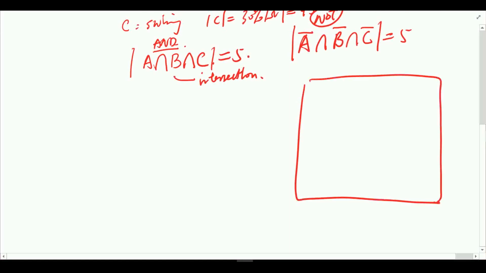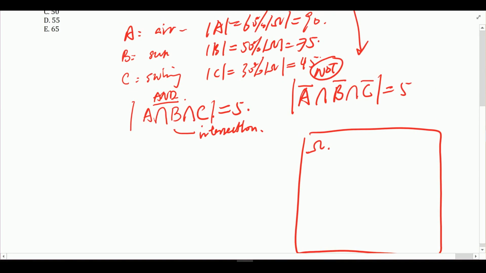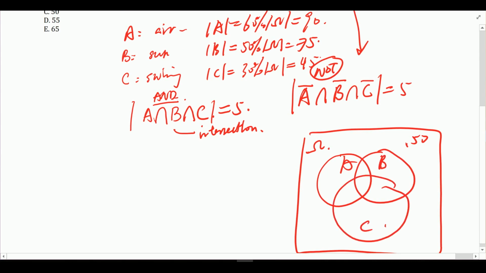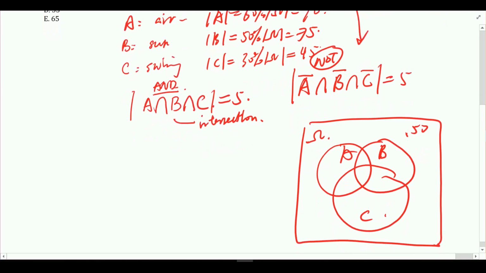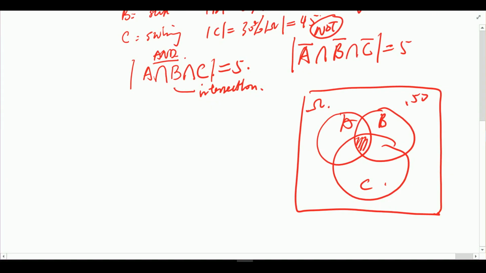This is the Omega. We often use a rectangle to represent the universe, so you have 150 here, and this is A, this is B, this is C. What this is telling you is A and B and C, the middle part, is equal to 5.